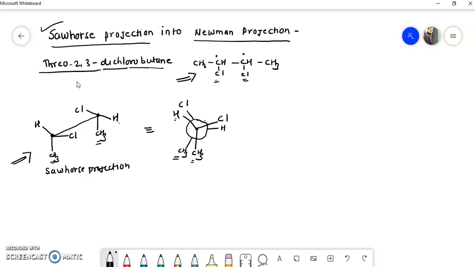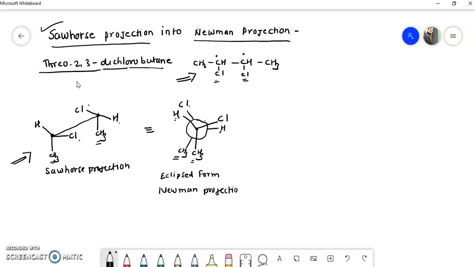This hydrogen and this hydrogen are on opposite sides. Similarly chlorine and chlorine are on opposite sides. Okay, so we have drawn here the Newman projection form of this threo 2,3-dichlorobutane, and as all the atoms are near to each other, we can call this an eclipsed form and this is the Newman projection.